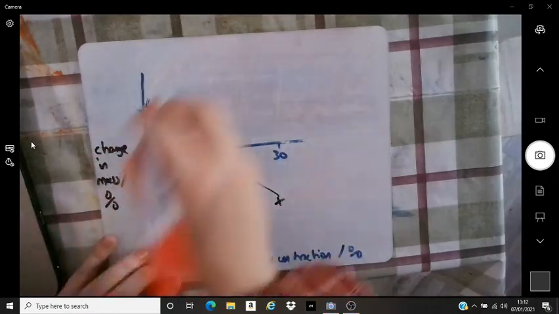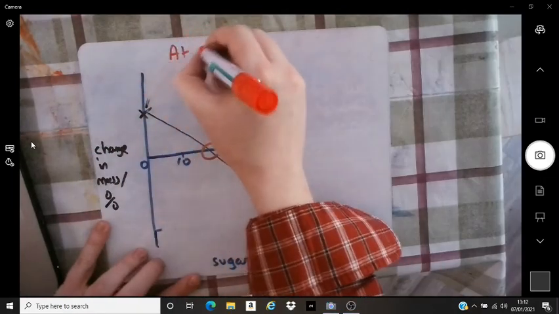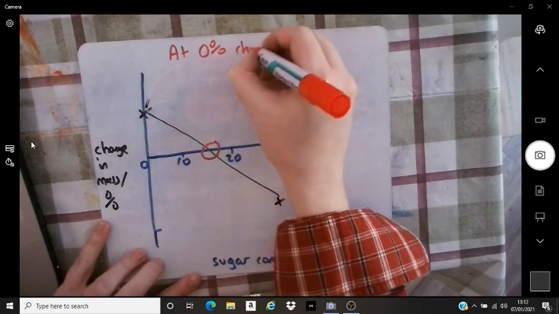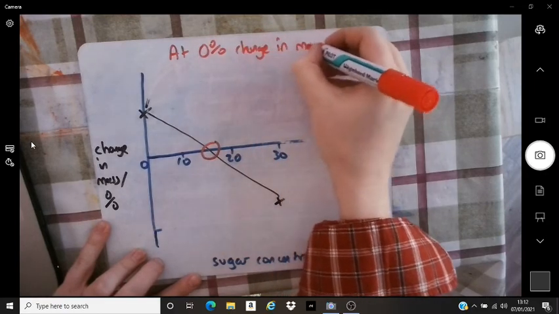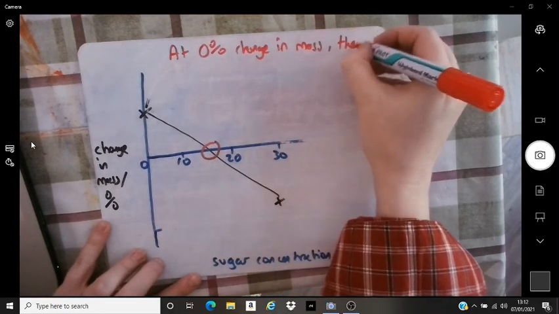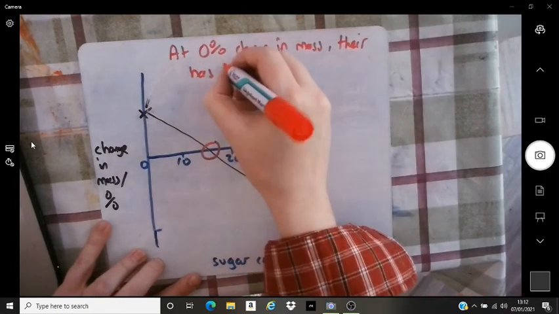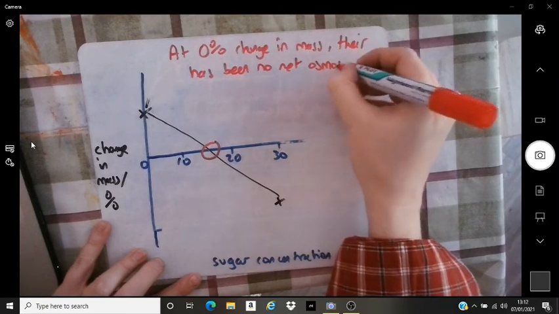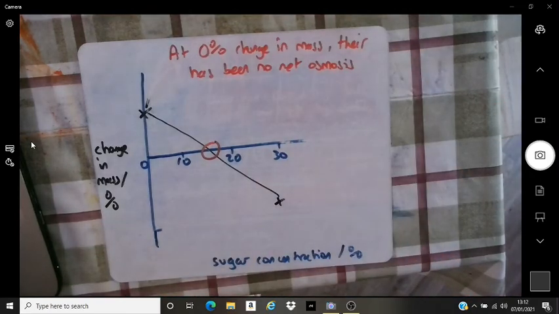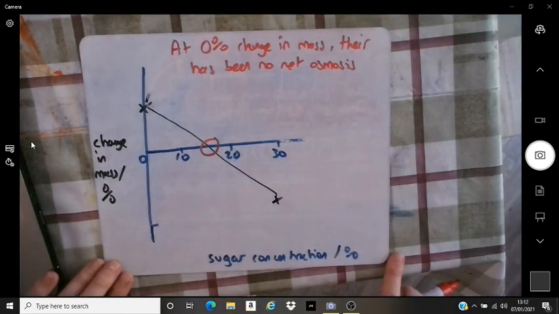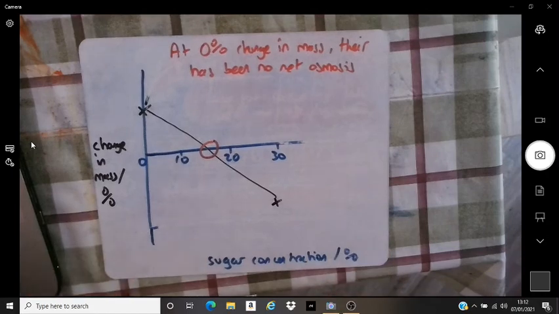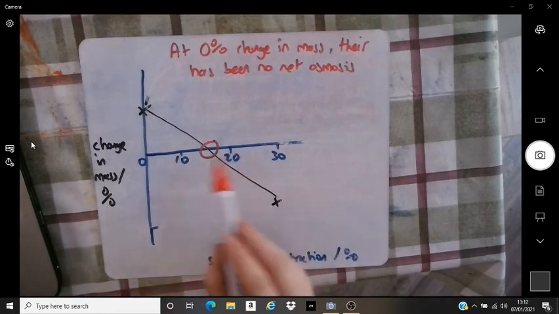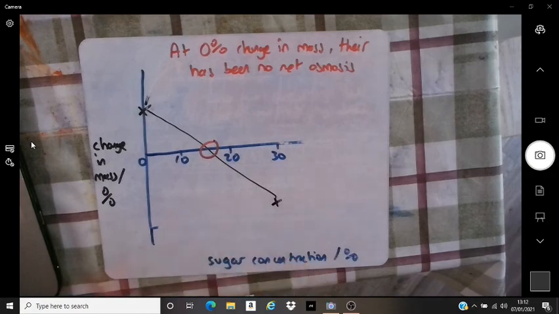The reason being is, at 0% change in mass, there's been no net osmosis. There's been no net movement of water. That's why it hasn't changed in mass.